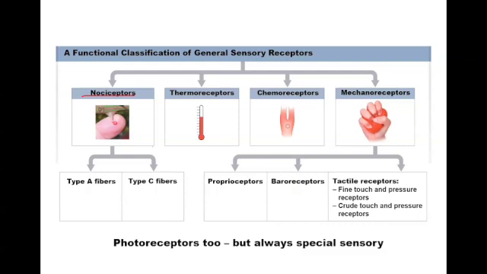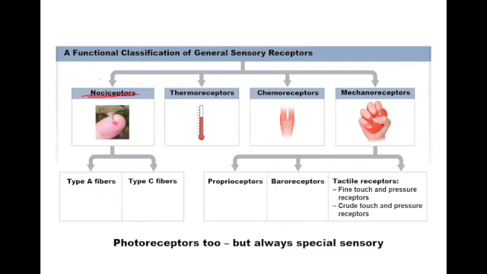Now, these are a somewhat unusual class of receptors because we have different subtypes that are going to respond to different modes of damage or different modes of stimuli. So don't let that confuse you. What I'm talking about here is that we have nociceptors that are specialized to detect, for example, damage that's caused by temperature. That's why you would feel that hot burning pain if you were to get scalded.